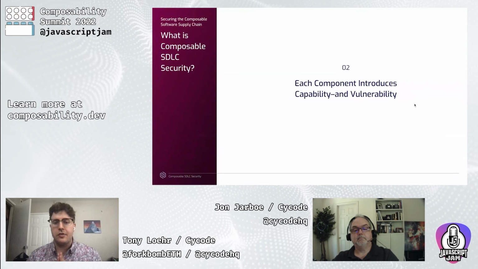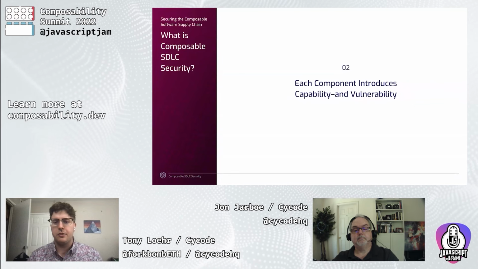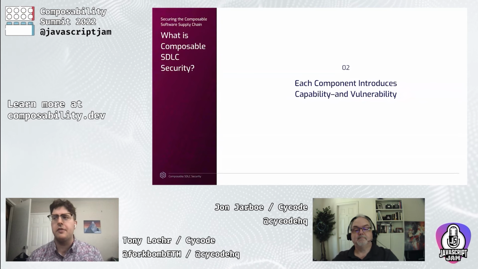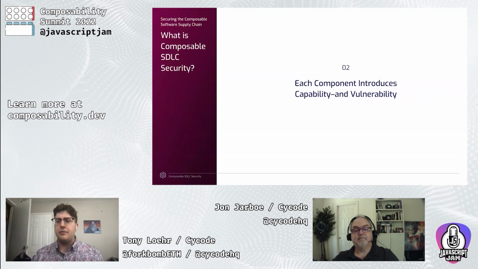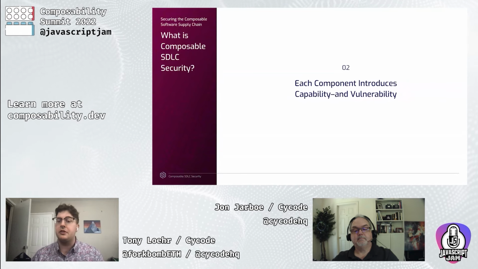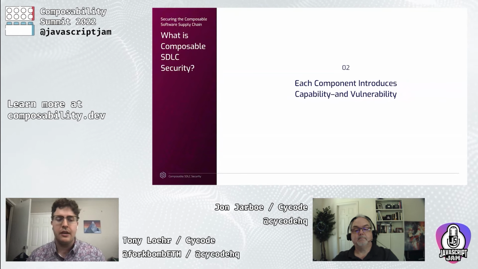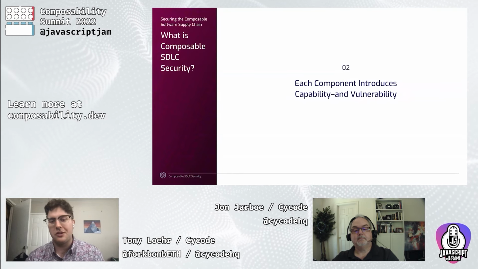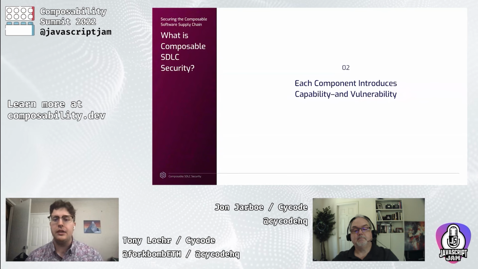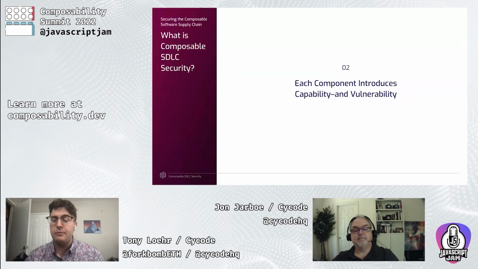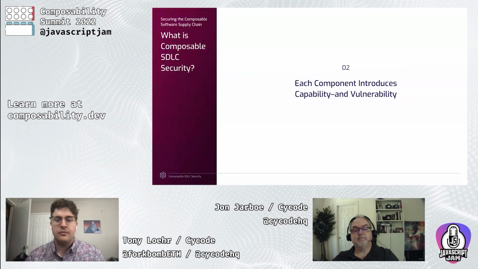Each component introduces capability and vulnerability, as one of my wonderful coworkers actually just posted an article on and has given several talks on. GitHub Actions has been used as a vector of attack, or has a capability of being used as a vector of attack. His work will probably explain it a bit better than I can. But this component does introduce a vector of attack that an attacker could potentially exploit.